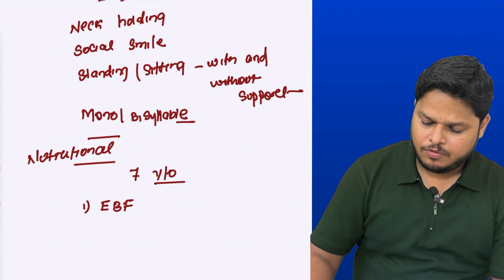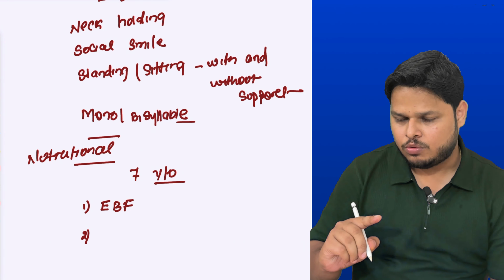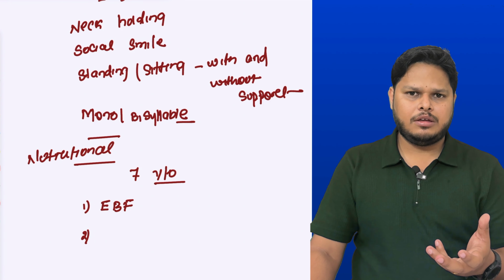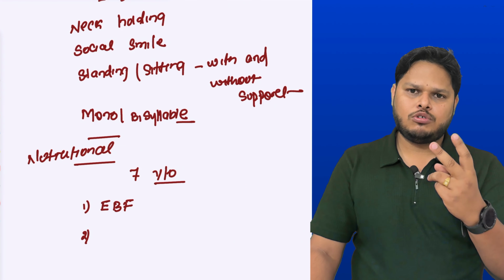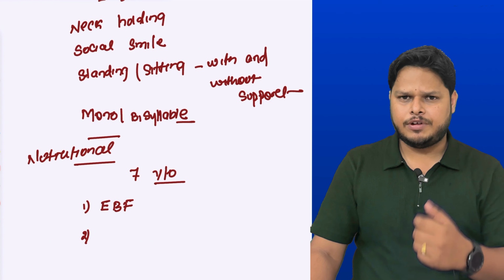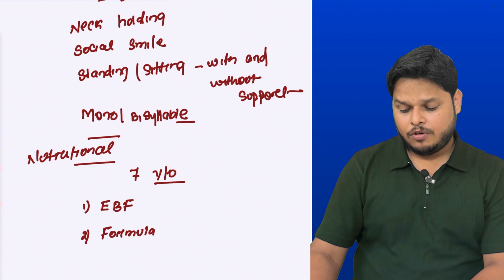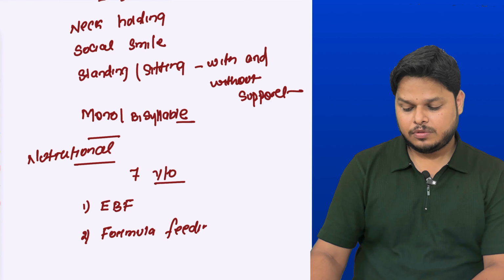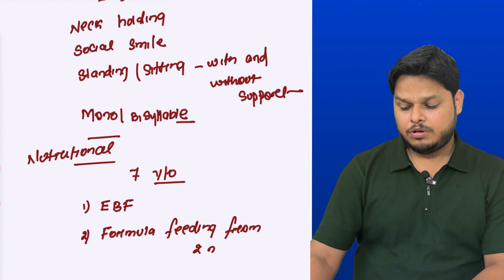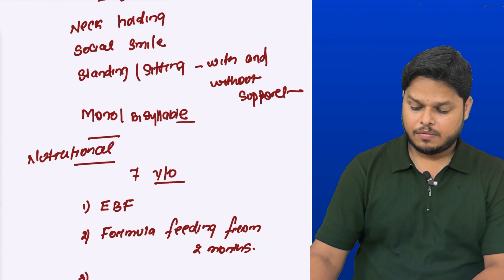So exclusive breastfeeding. How long did the exclusive breastfeeding continue? The mother will say, sir, I exclusively breastfed my baby for 2 months, after which there was no sufficient milk, so I started on formula feeding or prelactal feeding. So till 2 months, then formula feeding from 2 months, right?